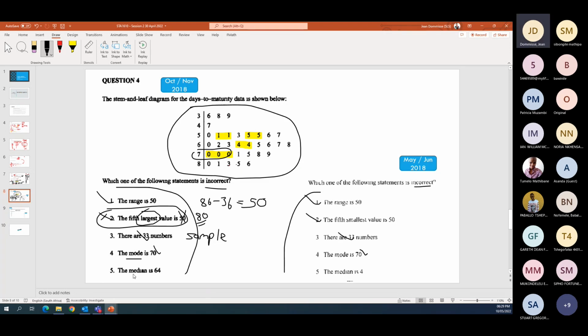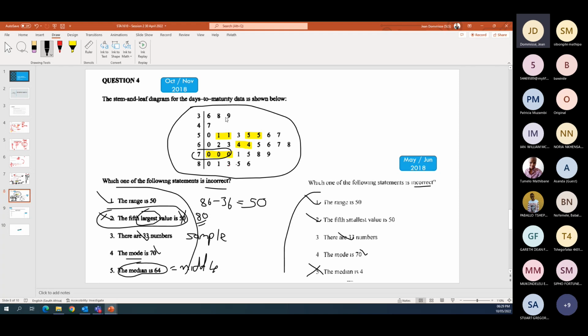Okay, the median is 64. The median is 4? That one will definitely be wrong, because our smallest number is 36 and our biggest number is 86, so it can't be 4. But let's first work out the median. The median is the one in the middle. Looking at these 33 numbers, the one in the middle is around 16, 17.